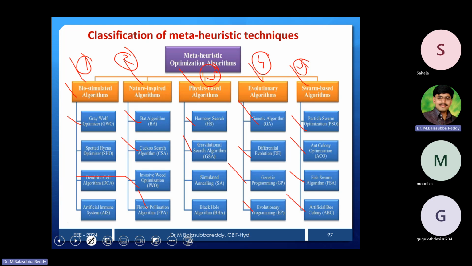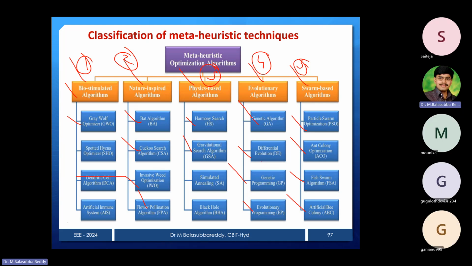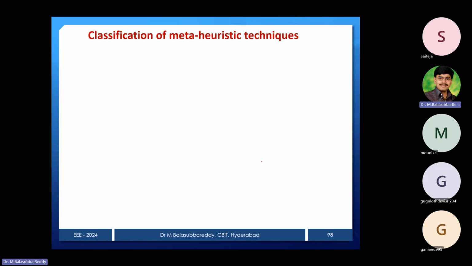All these things, and how the iteration-wise variation goes, we can easily identify, how it is going to be generated. So these are the classification. Then I will explain category-wise: bio-inspired algorithm, nature-inspired algorithm, physics-based algorithm, evolutionary algorithm, all these things, with some points from your examination point of view.